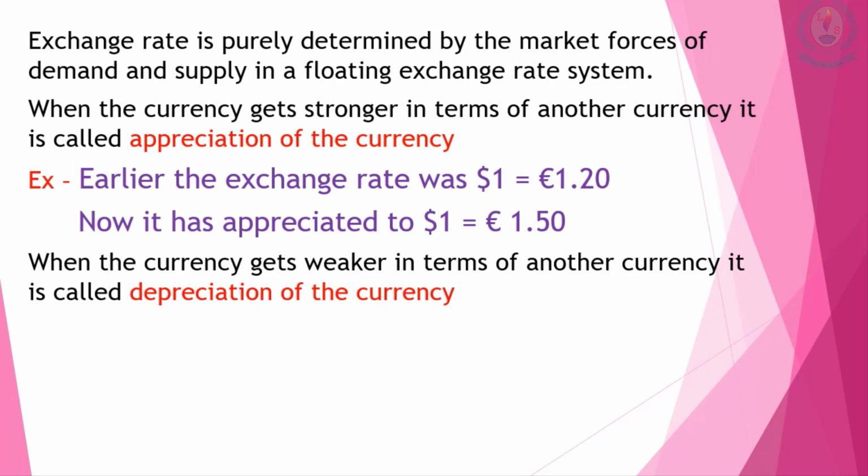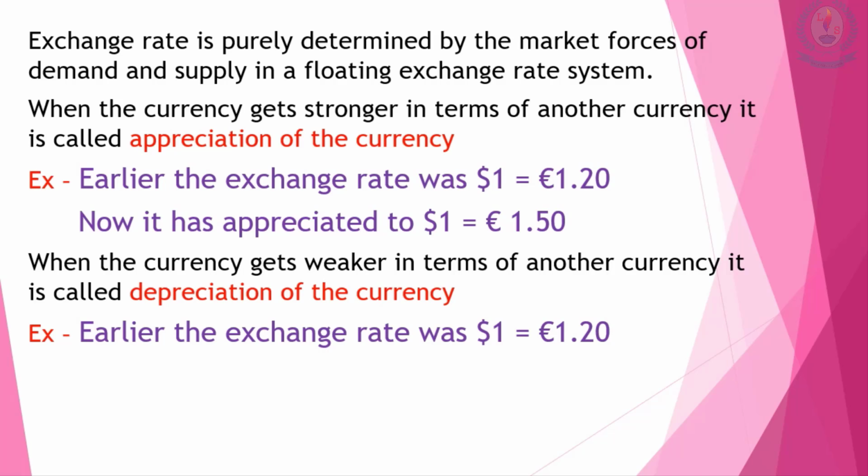When the currency gets weaker in terms of another, it is called depreciation of the currency. In a fixed exchange rate system, it is called devaluation. Here also devaluation and depreciation are more or less the same. The only difference is that the two exchange rate systems are different. For example, earlier the exchange rate was $1 equals 1.2 euros.